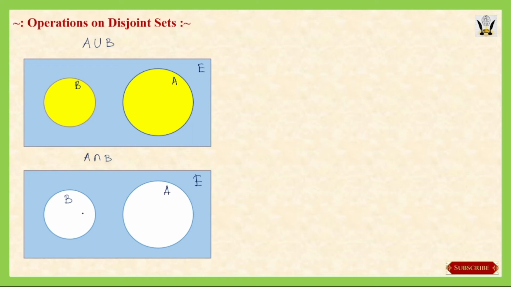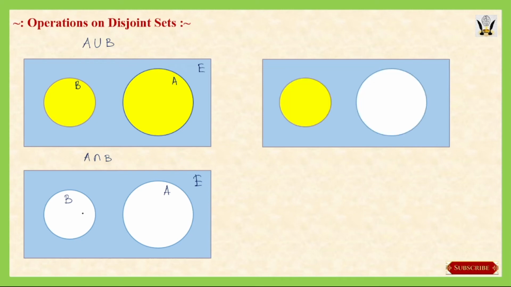Next, we will perform the difference operation between A and B, which are disjoint. So again, first the universal set, then set A and set B. So this is our universal set.